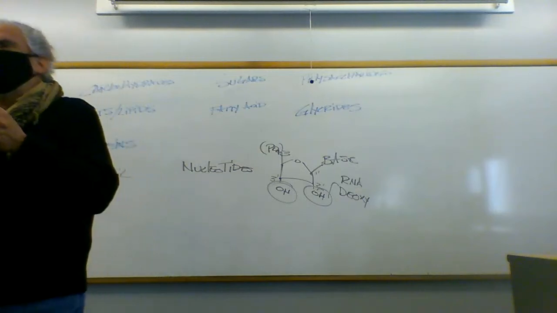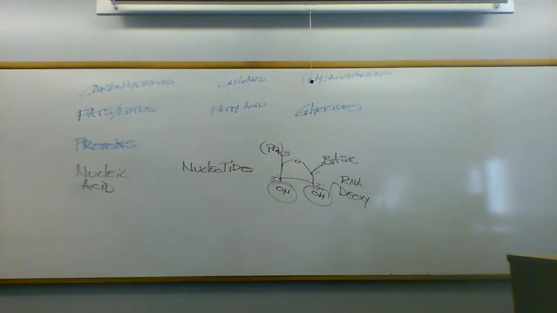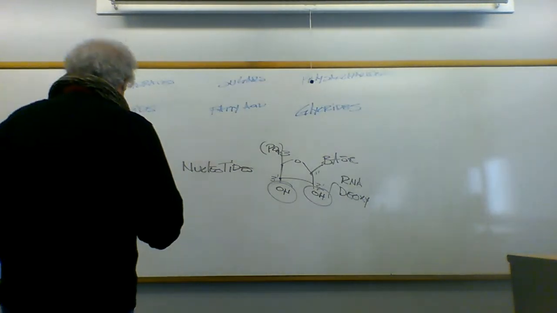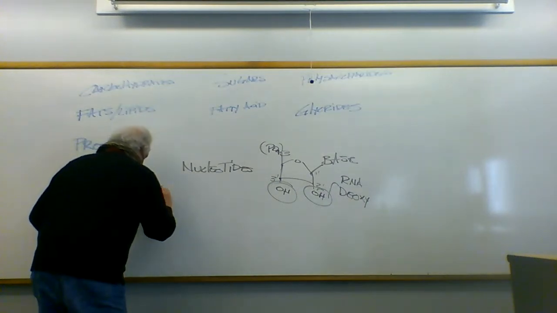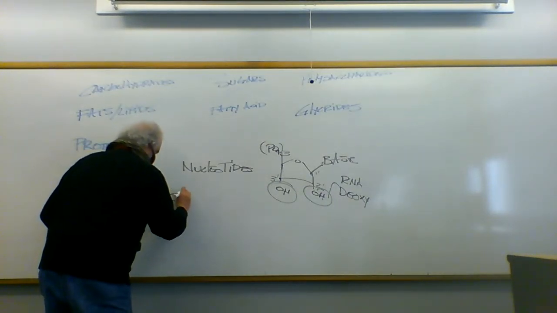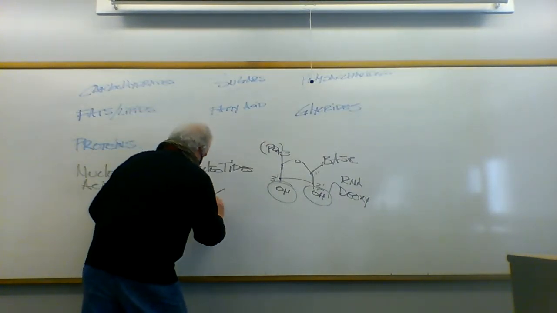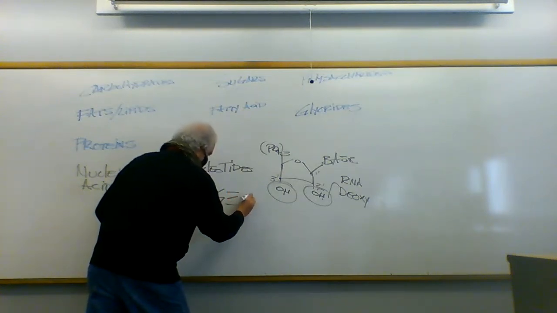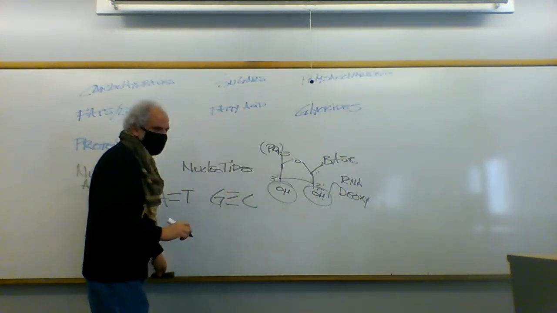Adenine and guanine are purines. Adenine base pairs with thymine. Guanine base pairs with 3 hydrogen bonds with cytosine.